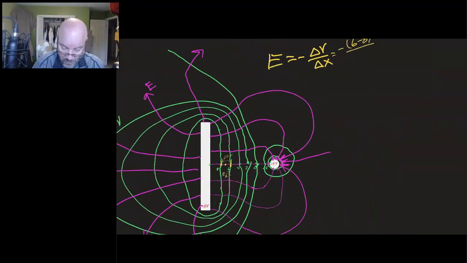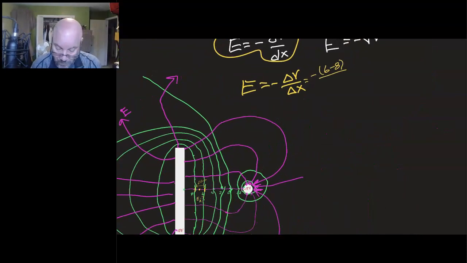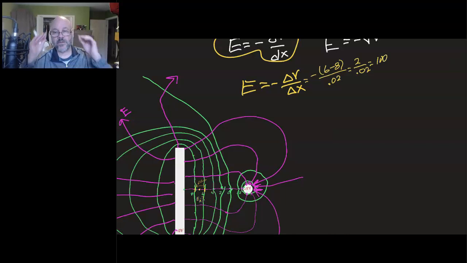We have to put that in up here, so 0.02, just like that. Now 6 minus 8 is -2, but I've got minus -2, which turns it back to a positive. So I get 2 divided by 0.02, and that should be 100. Okay, that's 100.